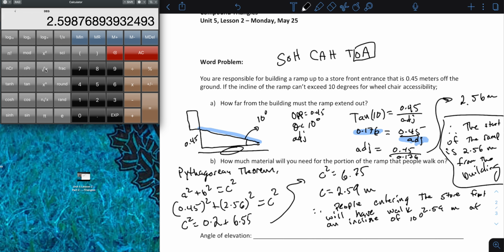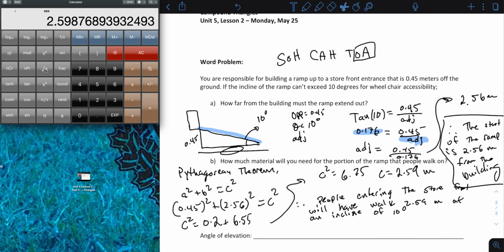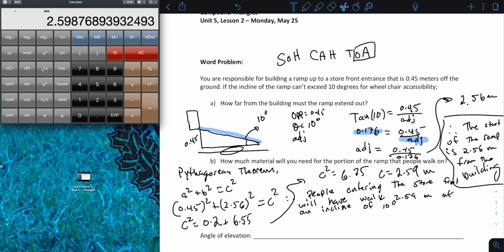That's just me adding a little bit more context to the question based on my therefore statement, just trying to add more information. So they're going to walk up the incline. It's going to be 2.59 meters long at 10 degrees.